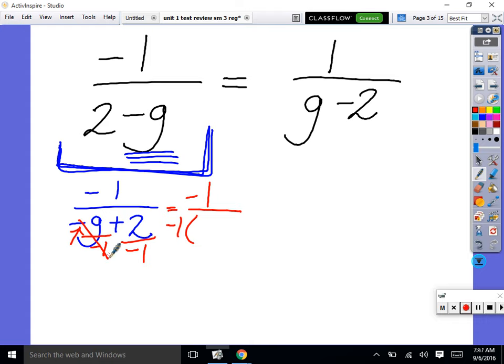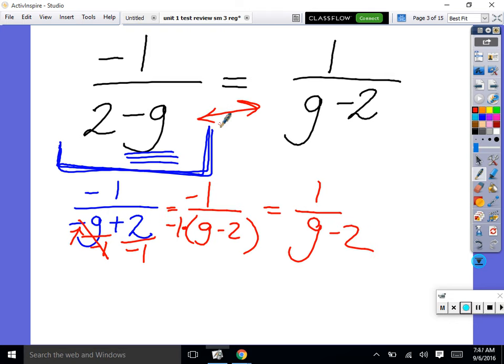So that would be positive G. Positive 2 divided by -1 is -2, correct? Now looking at that, we can always divide out multiplication. Isn't -1 over -1 positive 1? So we have 1 over G minus 2. Do you see how these are the same? They look pretty dang different, but they are the same.